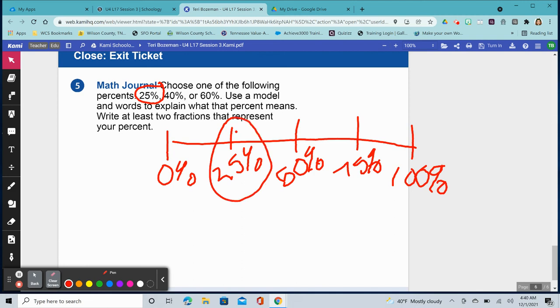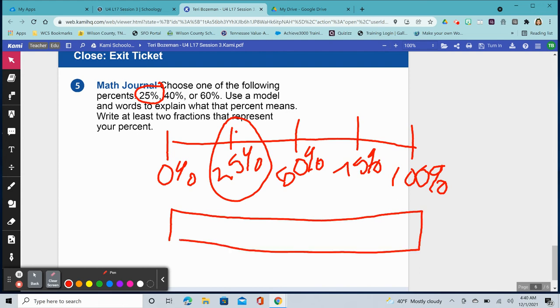Now, you could do it in this way, right? And circle your 25% on your number line. You could draw a bar model instead, where you label all of the same pieces: 0%, 100%, and then break it up in the same way. And shade in one of those to get to 25%.